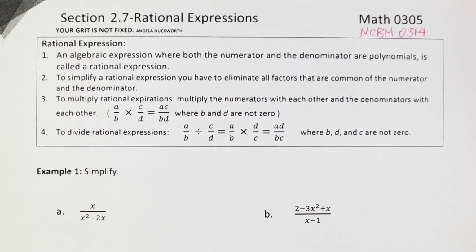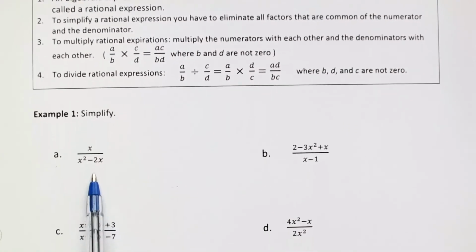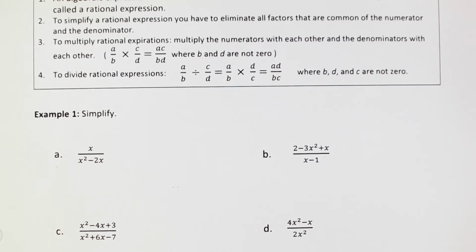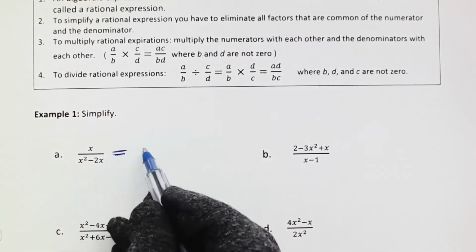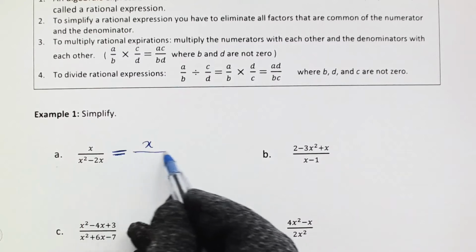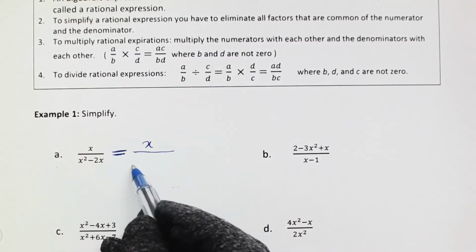We can simplify a rational expression. Look at these examples. We have x over x squared minus 2x. To simplify a rational expression, we need to use our knowledge from factoring. For this example, we have x on the top, and we factor the denominator.